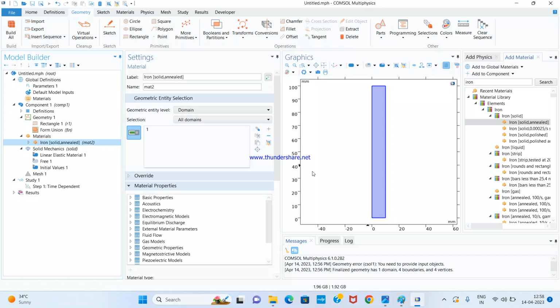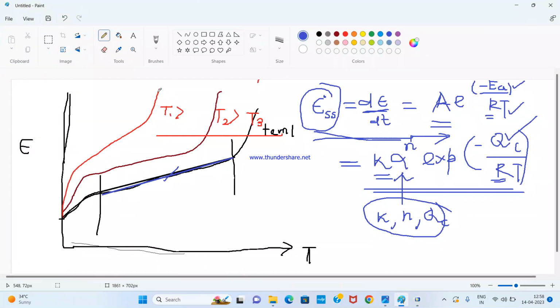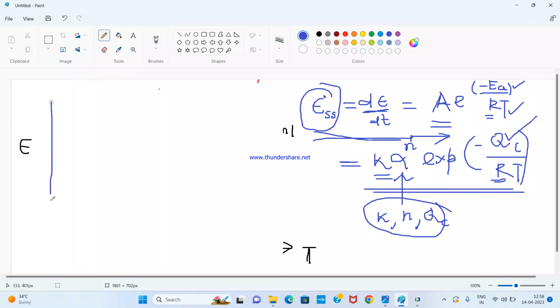So what we will do with a different load, with a constant load, we will try to plot the time versus strain, because it's a time dependent analysis. So my x-axis will be time and the y-axis will be strain, and this curve, with that particular load, we try to find out this curve.